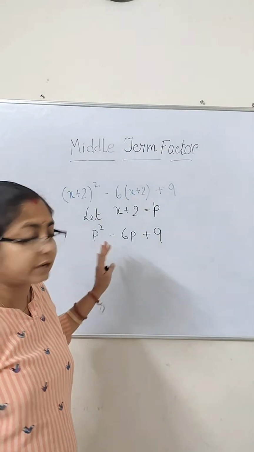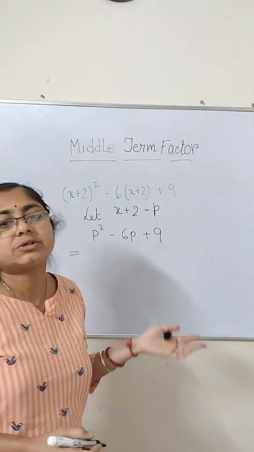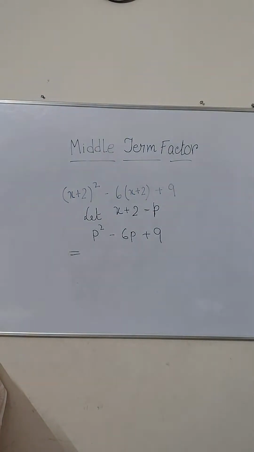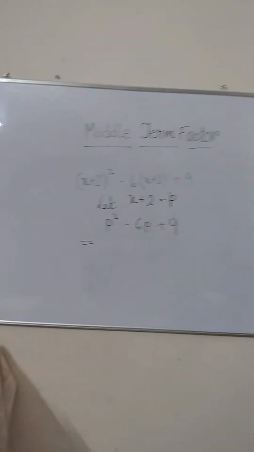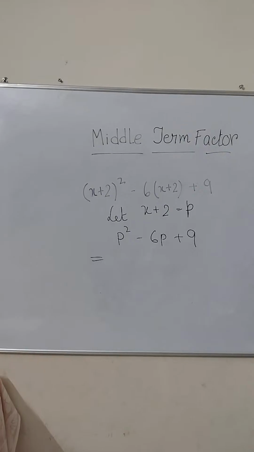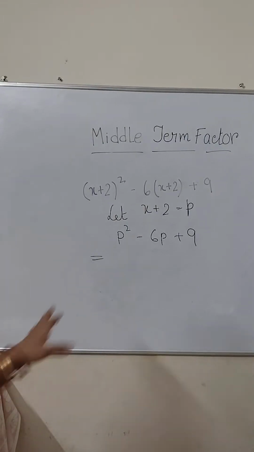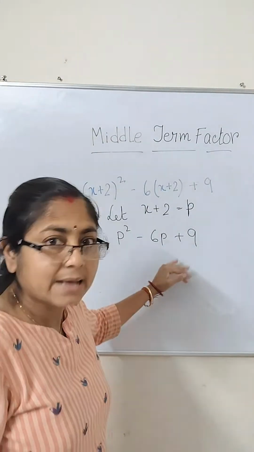Now you make it middle-term factor. You do it first. Write the answer, then I will start. Look, p square minus 6p plus 9.